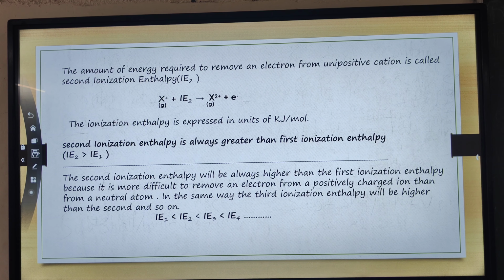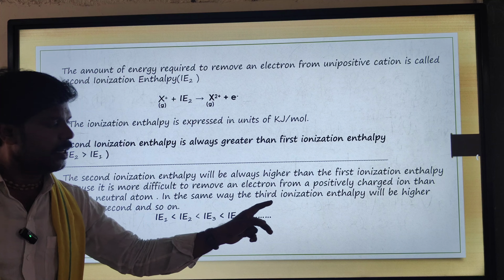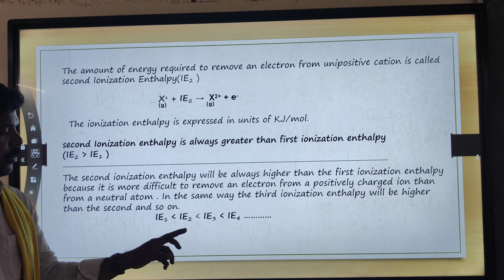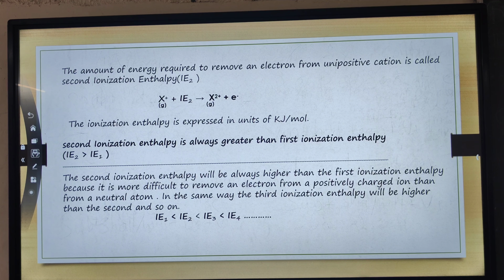In the same way, the third ionization enthalpy will be higher than the second and so on. Therefore, IE1 is less than IE2, less than IE3, less than IE4 and so on. This is very important.